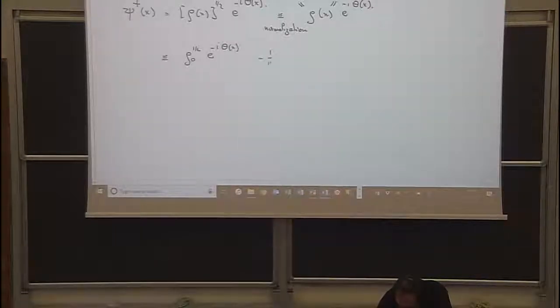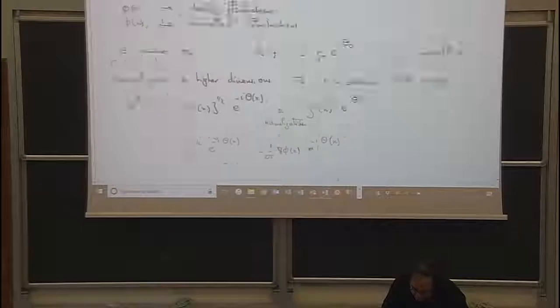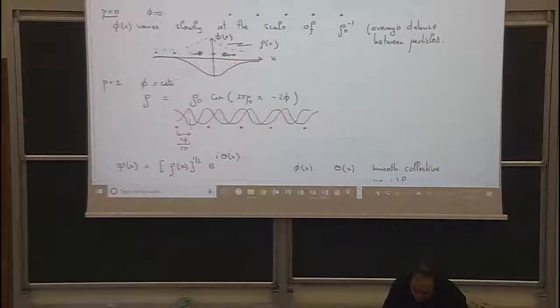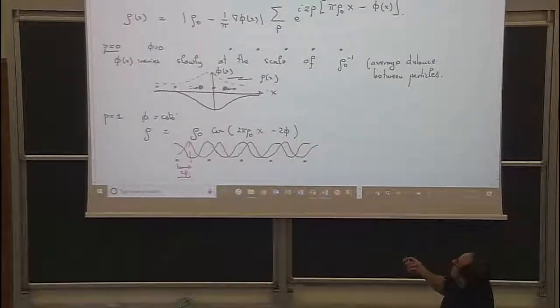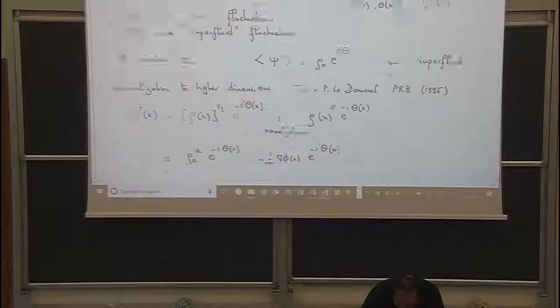I get a term which is minus 1 over pi grad phi of x, which would be doing the expansion of the square root here. So if I do the expansion of the square root by assuming this is small, this is rho 0 to the 1/2 minus 1 over pi, and I should divide properly by rho 0.